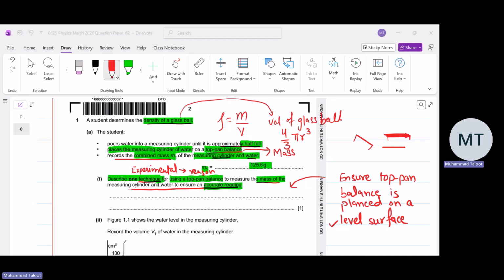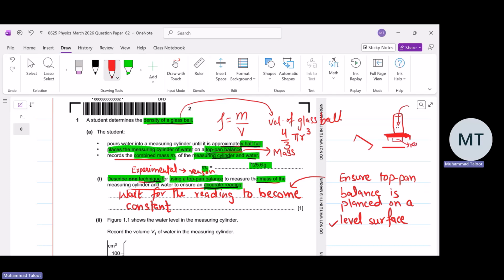Other than this, if you are interested to add more, what you can do is wait for the reading to become constant. You know, when you are placing a measuring cylinder on this top pan balance, and you are pouring water into this, the reading is changing.